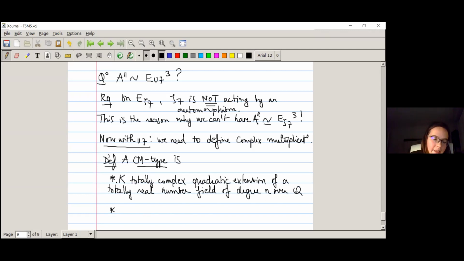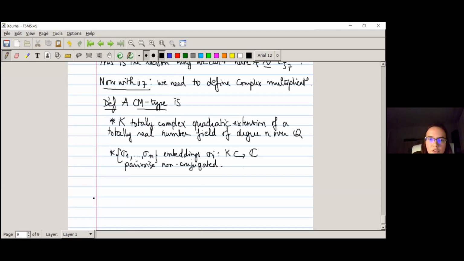So that's the main data, and then secondary data is a set of n embeddings of K in C that are pairwise non-conjugates. So an example for this.